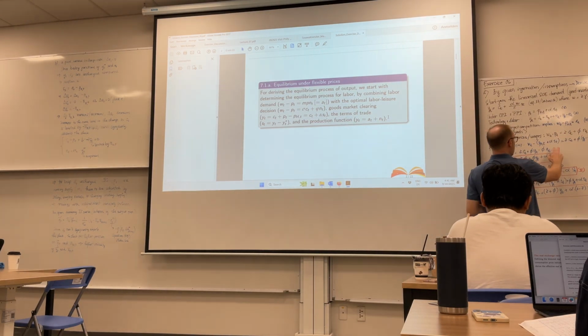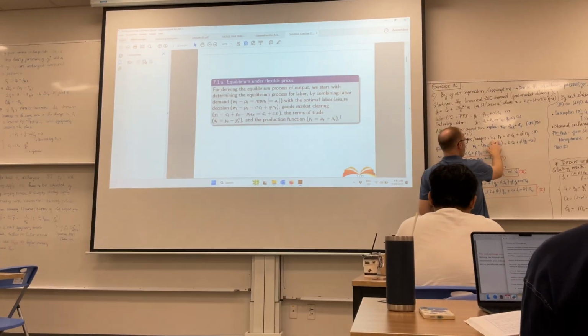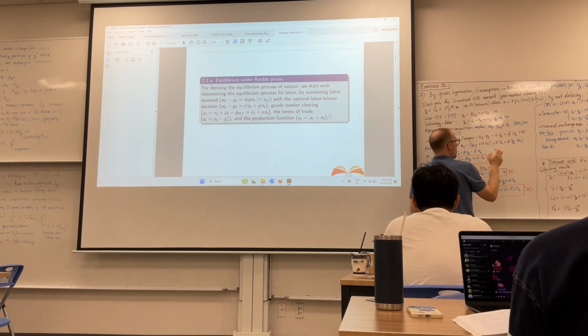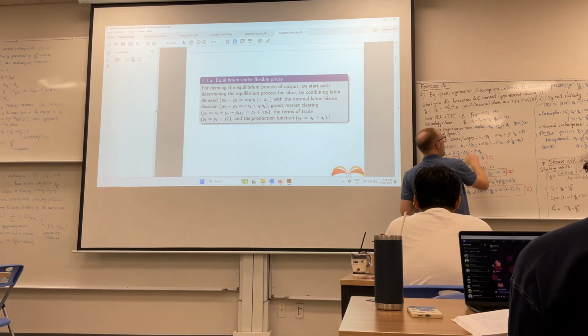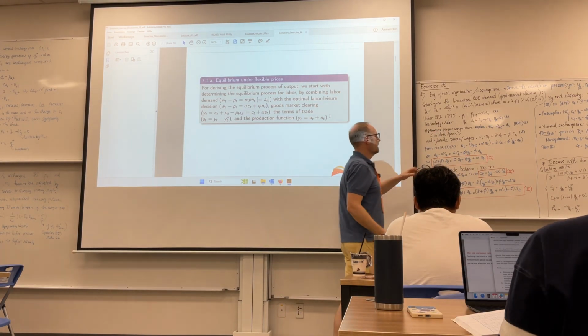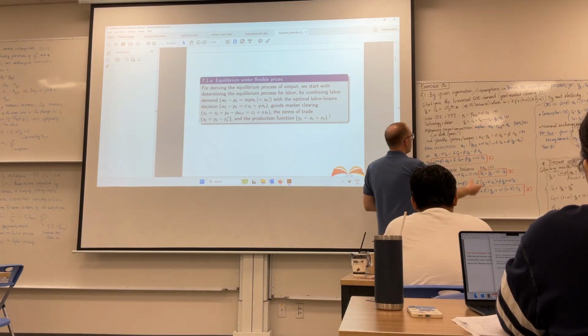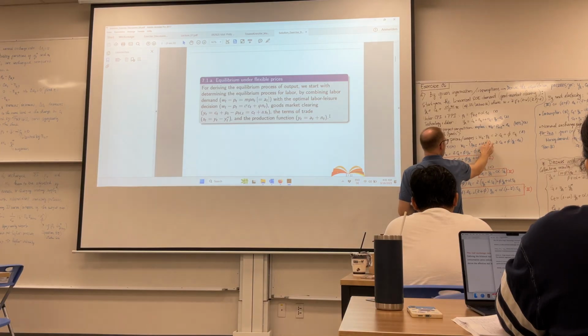Another key difference in small open economy models is that the real wage relevant for producers is different than the real wage relevant for households. Here we have producer prices and consumer prices, and we can convert between the two.